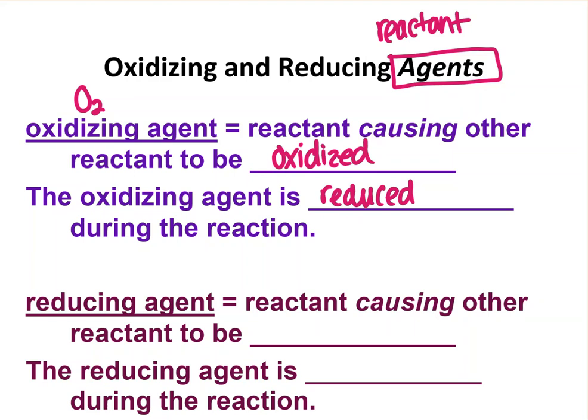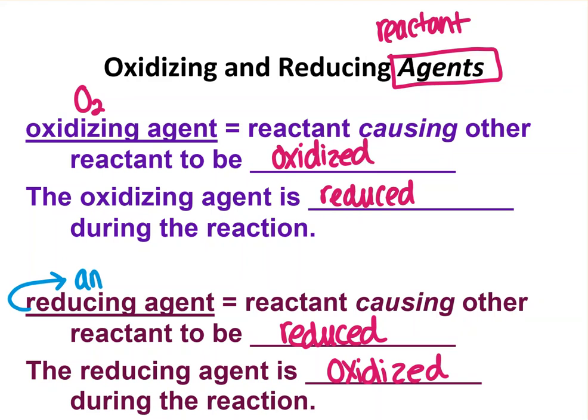A reducing agent is the reactant that's causing the other one to be reduced. It itself is oxidized in the reaction. So this is just a matter of perspective, but another term for reducing agent, and you don't have to know this one, but just to make it click, a reducing agent is also an antioxidant.